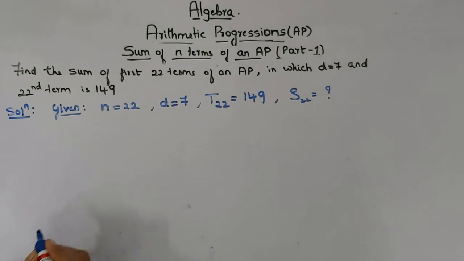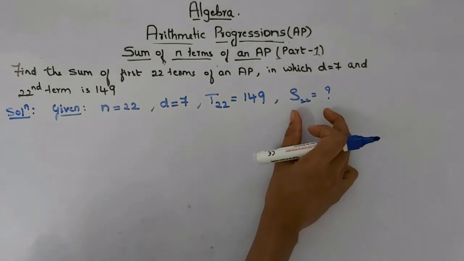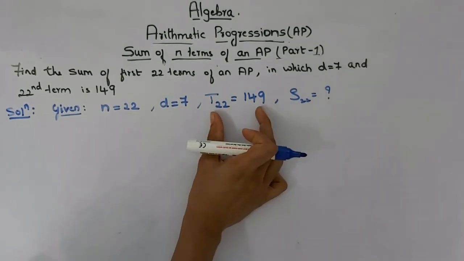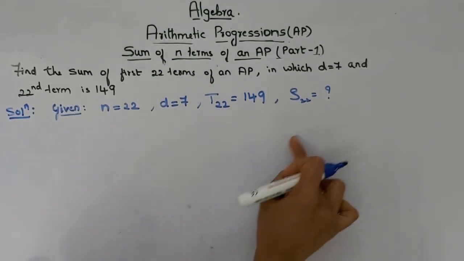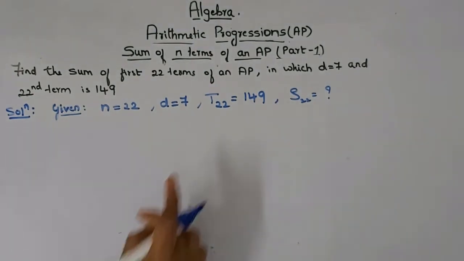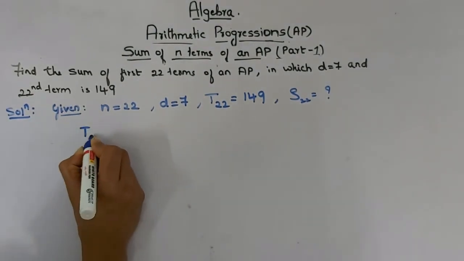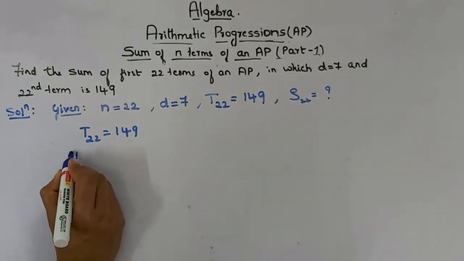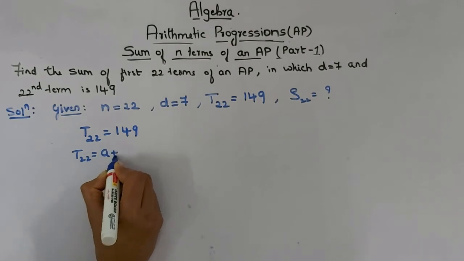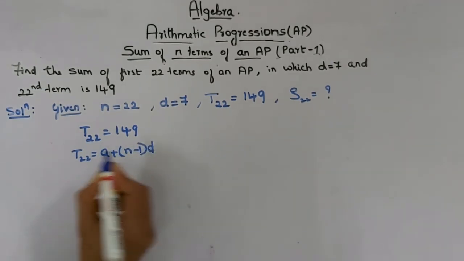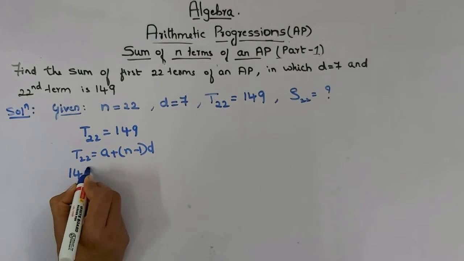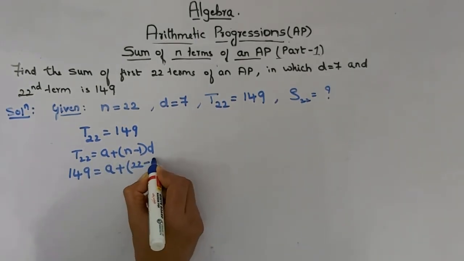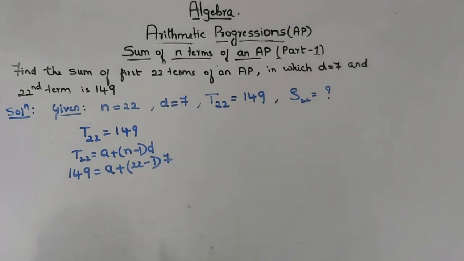So now how to do this? In order to find the value of Sn, we don't know what A is. So by using this, we will find the value of A and then substitute in Sn. First let's take this equation. We have T of 22 is equal to 149. We know Tn is given as A plus n minus 1 into D. So T of 22 is 149, which is equal to A plus 22 minus 1 into 7.